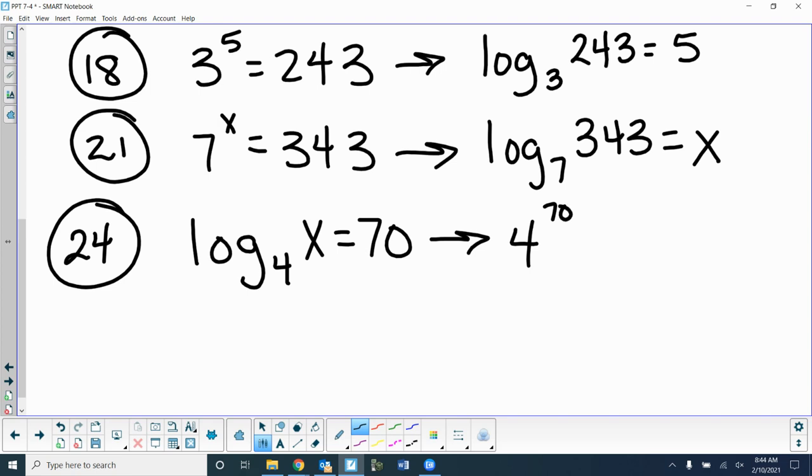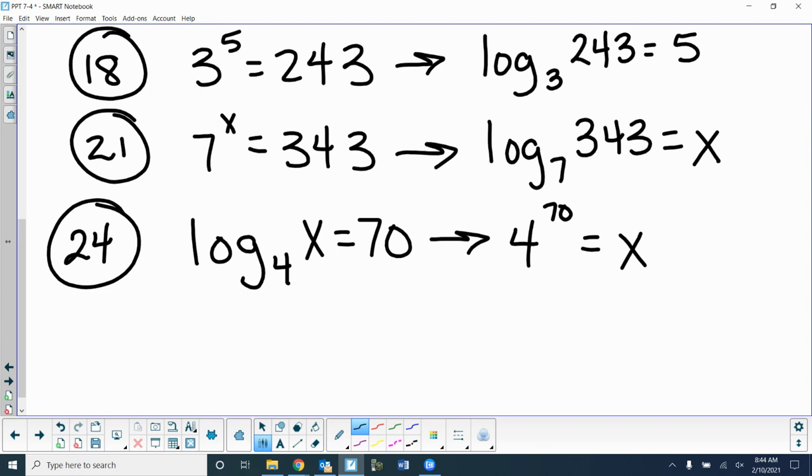Yeah, that's a big exponent, but that's right. Okay? Just going the other way. Should be able to do both of those. Those are easy problems. So when we have the quiz Friday, you shouldn't miss those.